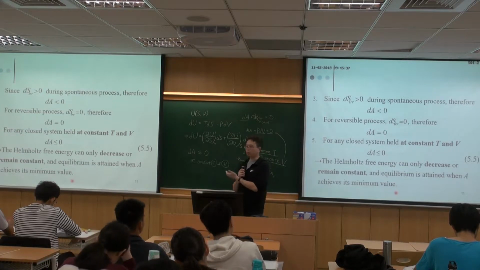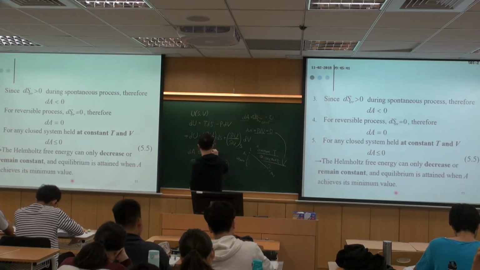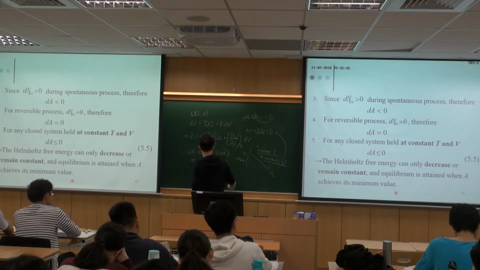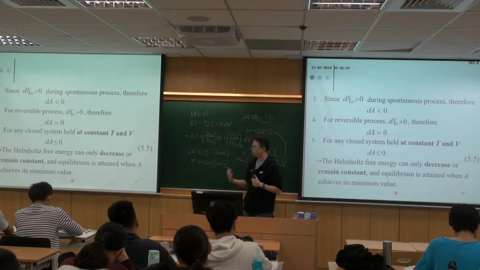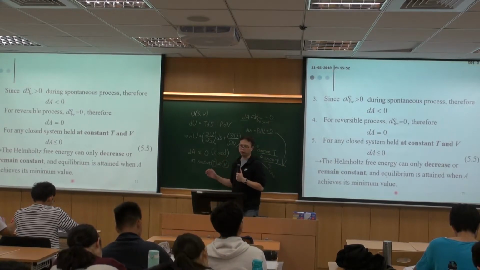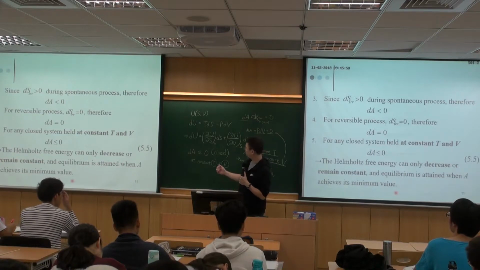So for any closed system, this is the case. And more importantly, this is a closed system. I think for most cases, we're dealing with closed systems. So we're not dealing with an open system. We're not dealing with isolated because we need to have some heat exchange. Okay? So typically closed systems.